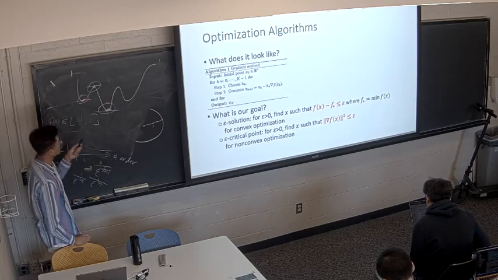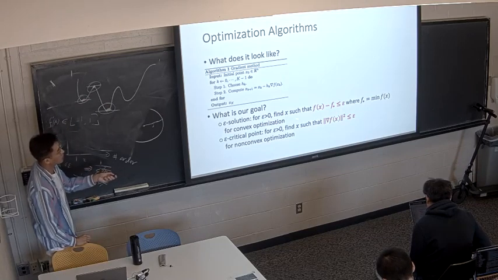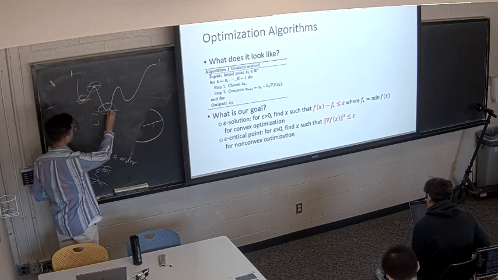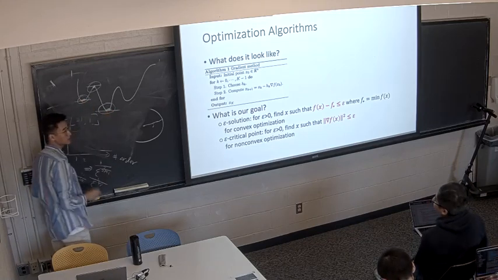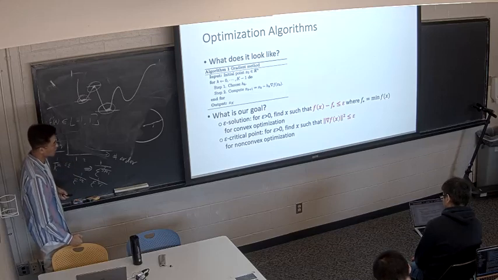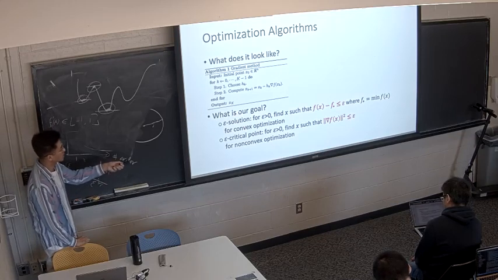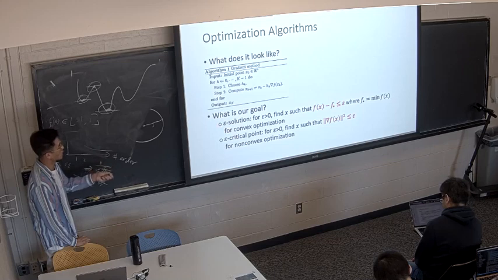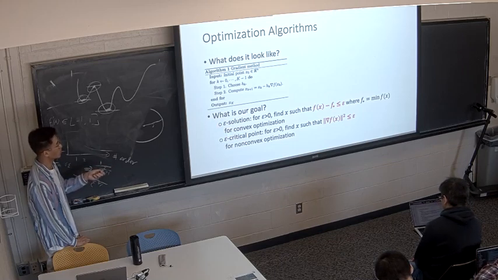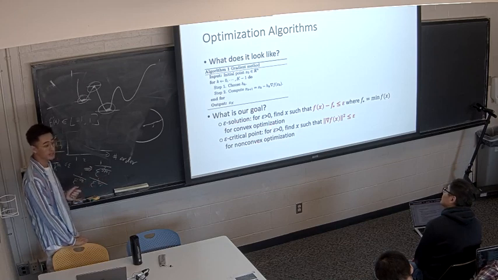So we're just interested in any point that has small first order information. But we cannot guarantee a global minimum. So this is some intrinsic difficulty in non-convex optimization. These are the two typical solutions we want to obtain in optimization. This is for convex, this is for non-convex.